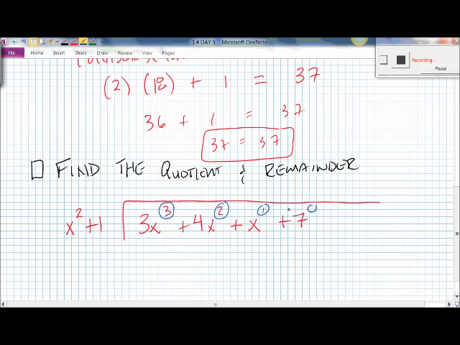Okay, this is a 1, and of course this is 0, because it's x to the 0. Now you also have to be sure that if you are missing any exponents, you put in a placeholder. And we'll do an example of that in a second. If you don't line it up like this, and you don't have your standard form going down and all exponents accounted for, you're going to mess up the problem big time.